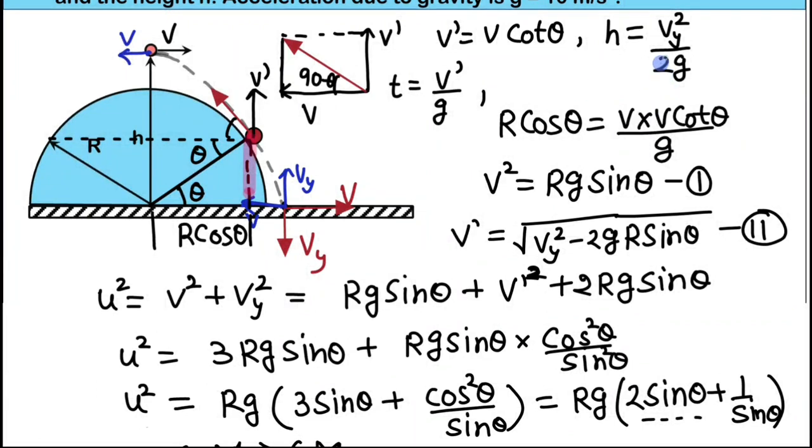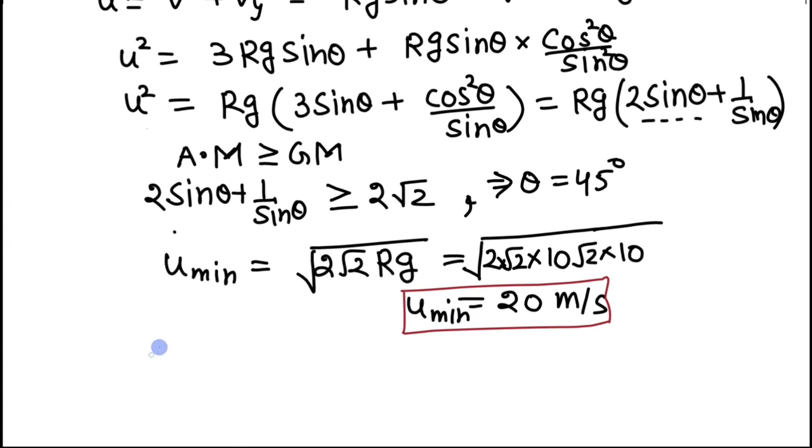If you just look at this equation here, h is equal to Vy square by 2g, and to determine the value of Vy, we can use this equation here. We know the value of u, that is 20, and if we just subtract the V square, that is equal to Rg sin theta, we'll get the value of Vy square, right? So Vy square will be equal to u square, that is 400, minus Rg into sin theta.